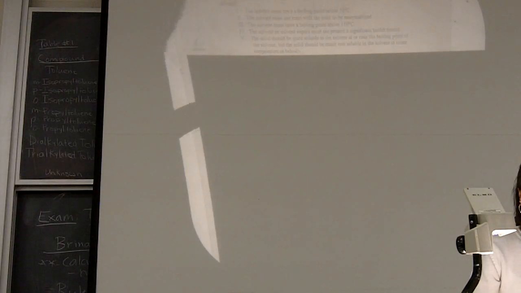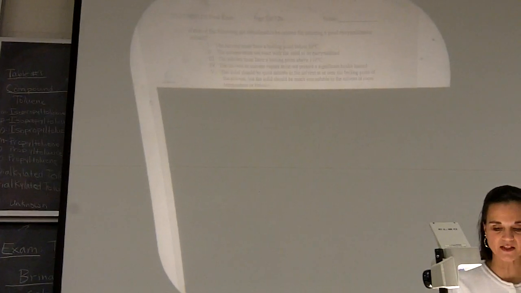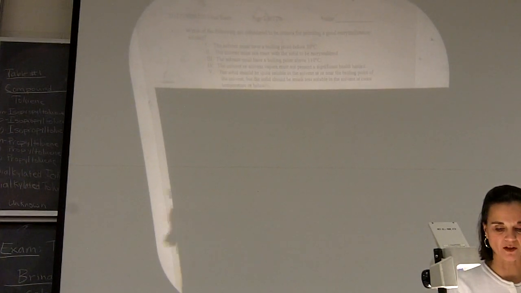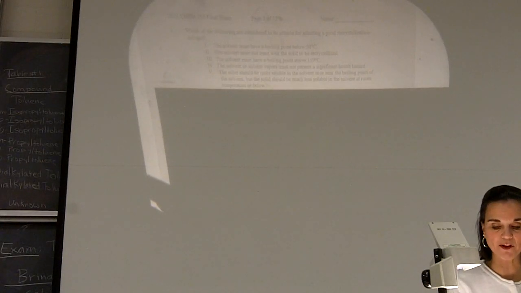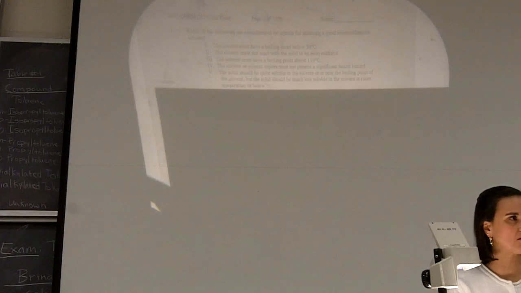Okay. Number 1, which of the following are considered to be criteria for selecting a good recrystallization solvent? The solvent must have a boiling point below 50. No. The solvent must not react with the solid to be recrystallized. Yes. So number 2, the solvent must have a boiling point above 110. Nah. The solvent or solvent vapors must not present a significant health hazard.